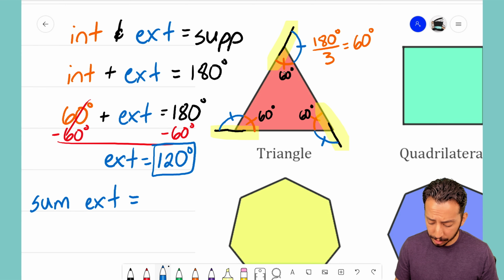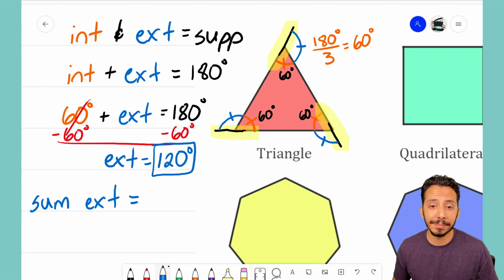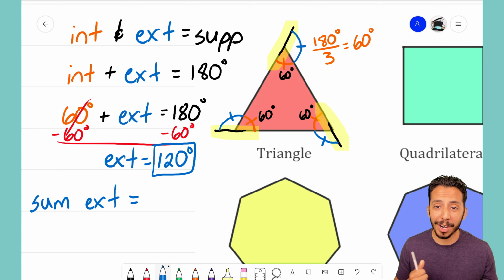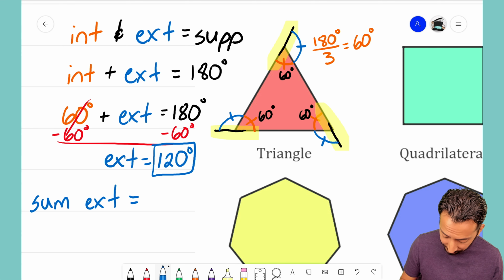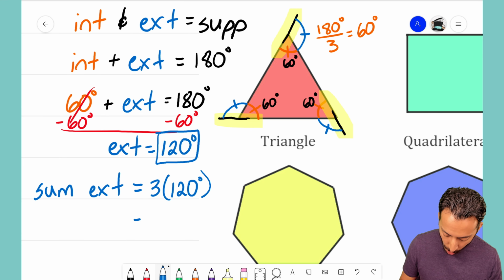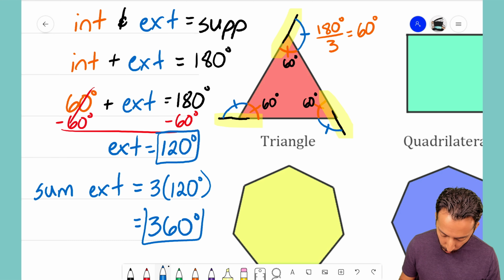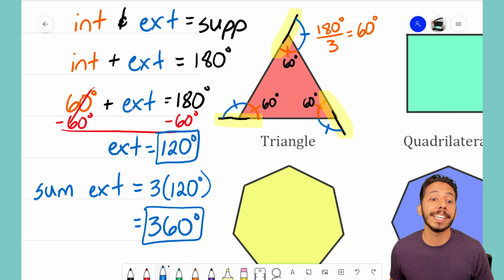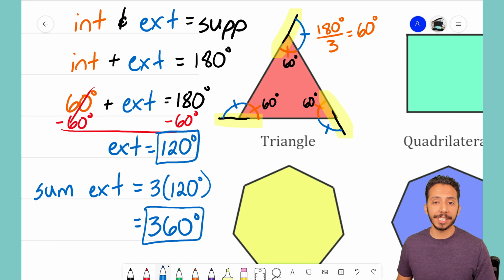Regular polygons have congruent interior angles, which forces the exterior angles to also be congruent. So since there are 3, and each of them is 120 degrees, to find the sum I just take 3 times 120 degrees. We determine that the sum of the exterior angles for a regular triangle is 360 degrees.